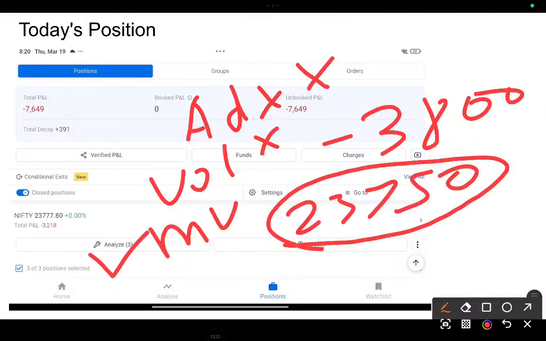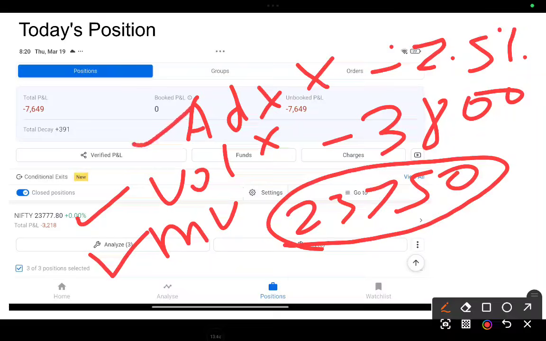That trend has reversed. Another point, if you see, my loss was around 3,218, which is nowhere near my stop loss of around minus 2.5%. Generally, irrespective of ADX, volume or moving average, if I hit a stop loss of around 2.5% to 3% of my portfolio, not even portfolio, the funds which I'm using for this strategy, then I will exit.